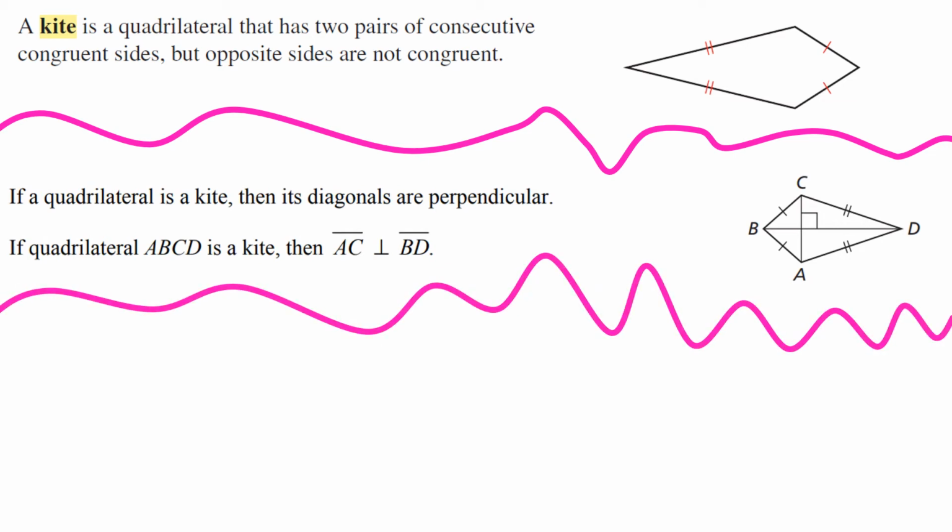Now, the diagonals of a kite are perpendicular. I'm wondering if any of you caught my mistake in the previous PowerPoint narration. All the slides were correct, but when I was just talking off the cuff, I inadvertently said that the diagonals of a parallelogram have to be perpendicular. That is not true, right?